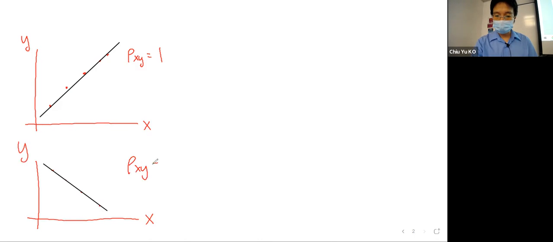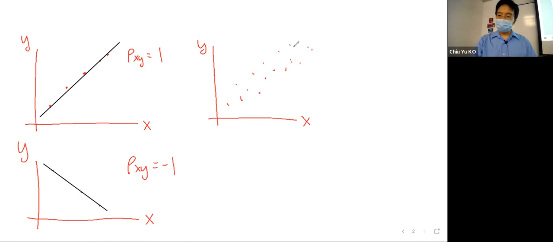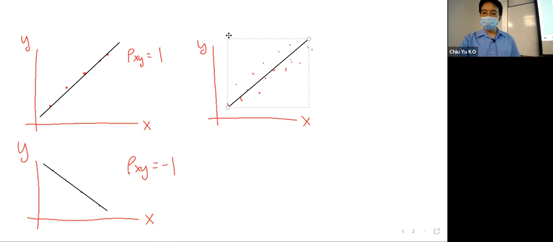And similarly, X and Y, if the points are like this, look at the positive trend. When it's above the mean, then the line looks like this, right? If you want to draw a line that tries to be the best fit, this will be rho XY bigger than 0.